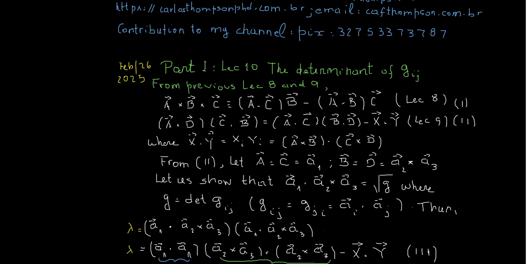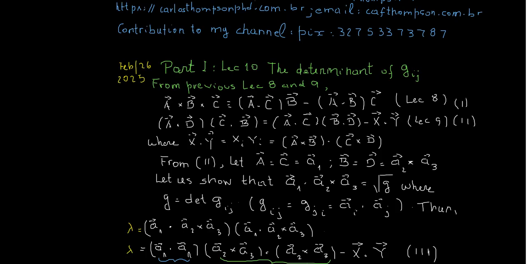Why am I using A sub 1, A sub 2, A sub 3? Because they are used in determining the metric tensor, which I'll talk about in later lectures.